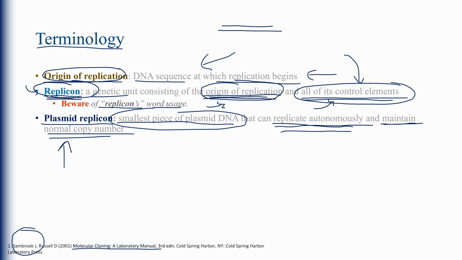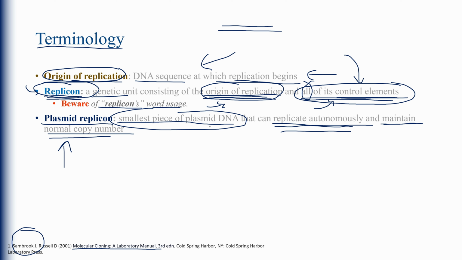Now, the reason they add this is because if you were to take a small piece of plasmid DNA that can replicate autonomously, but say it does not maintain normal copy number of that particular replicon, then that means that you have left out some of the control elements. That is, you don't have all the control elements of that replicon, and thus you do not have the full replicon. So there is a level of abstractness here.